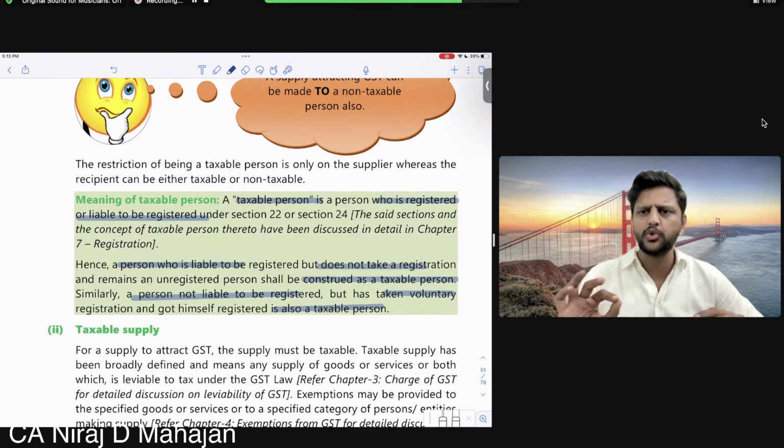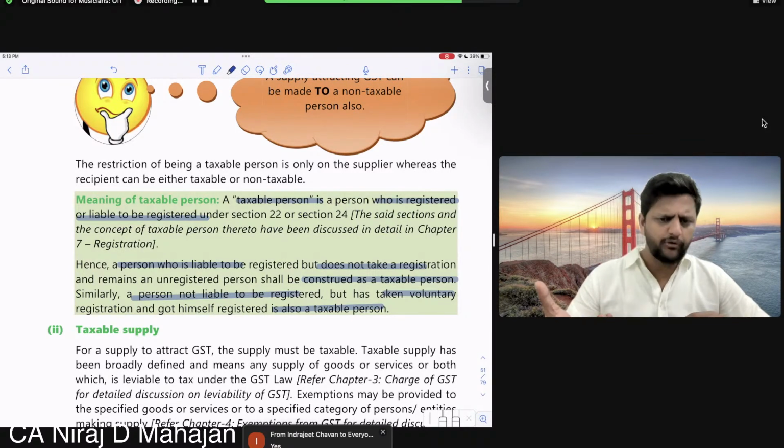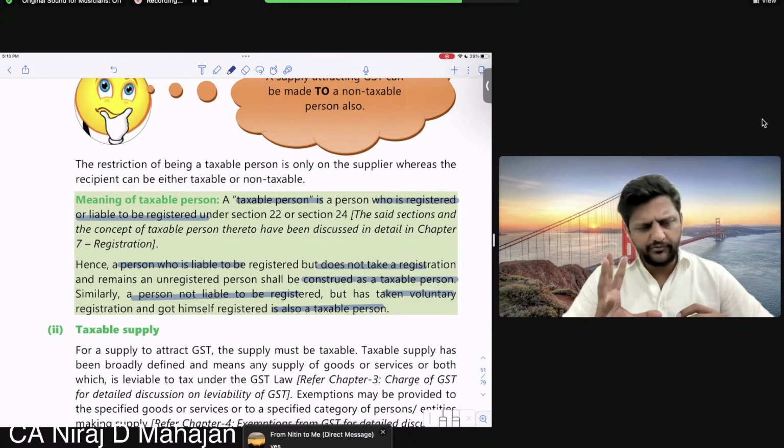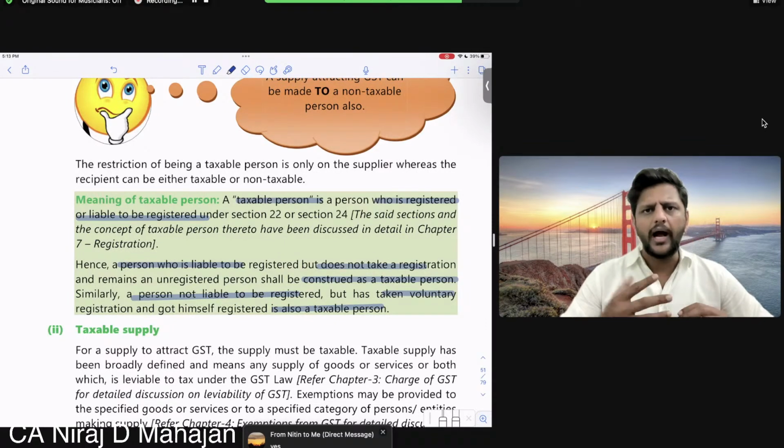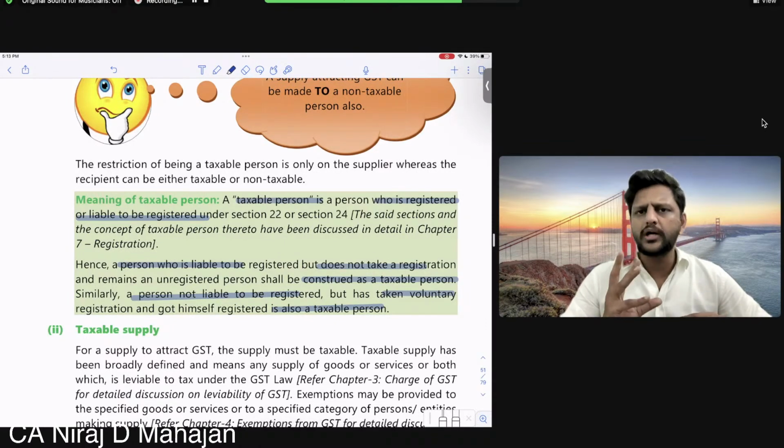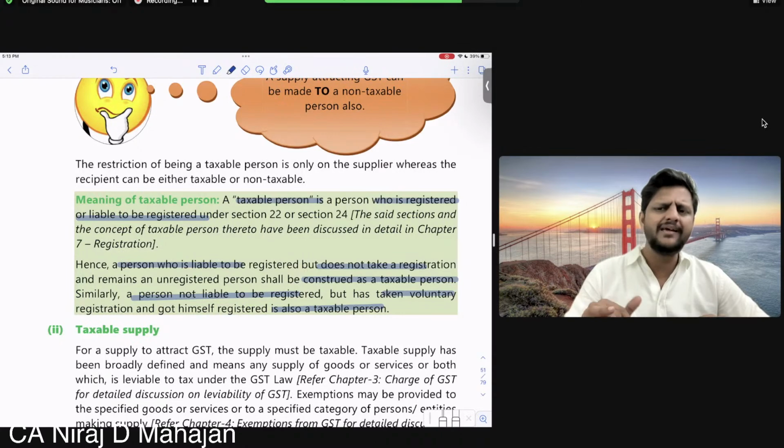Now maybe many of you have not done such a transaction, but still you have voluntarily taken PAN. Similarly, in GST, at times people voluntarily take GST registration to claim credit, ITC.